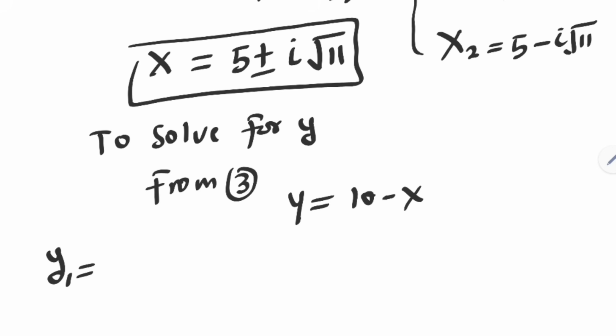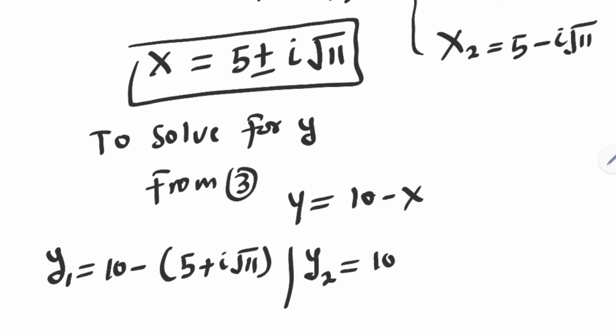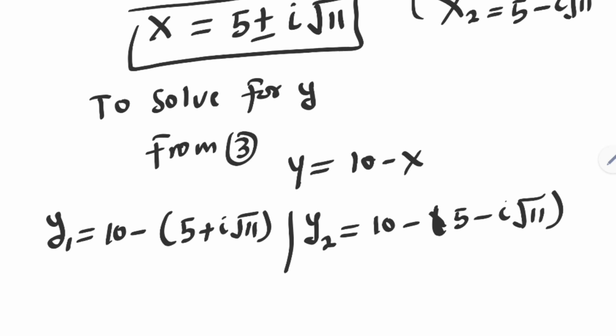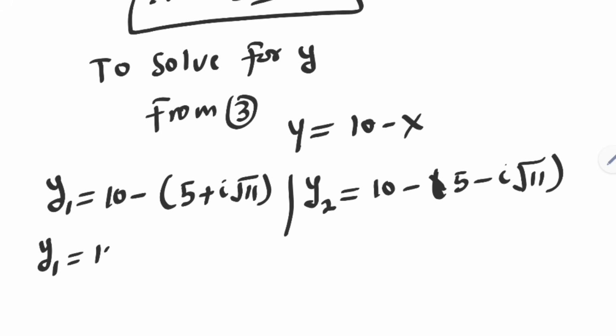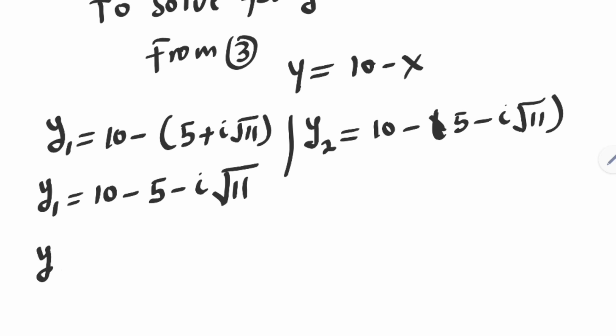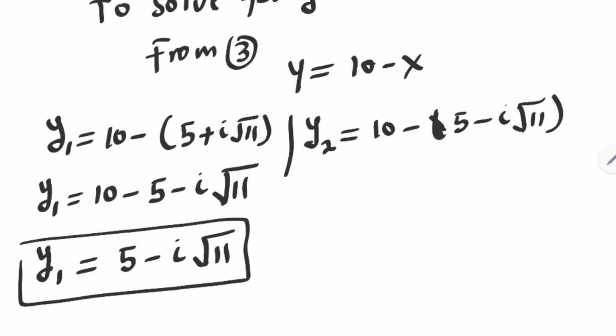Now, y1 is equal to 10 minus x1, which is 5 plus i root 11, and y2 is equal to 10 minus x2, which is 5 minus i square root of 11. y1 is equal to 10 minus, if you open the bracket with this negative, we have 5 minus i square root of 11. y1 is equal to 10 minus 5, this is 5 minus i square root of 11. This is the value of y1.